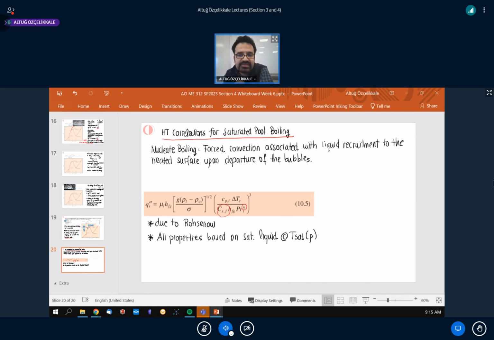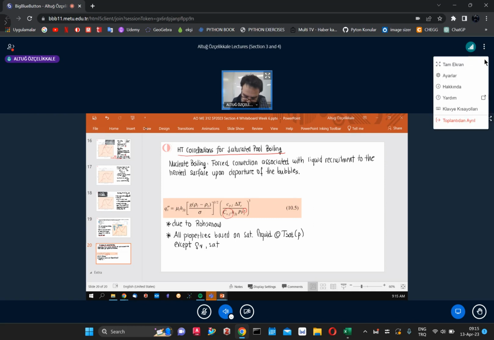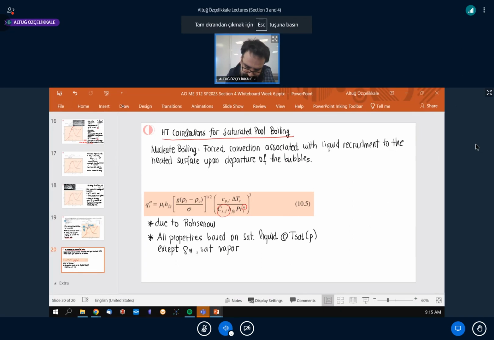But there's one parameter over here, density of the vapor. That's clearly a vapor property. So except for the density of vapor, which will be evaluated as saturated vapor at the same temperature, most of them are evaluated as saturated liquid.